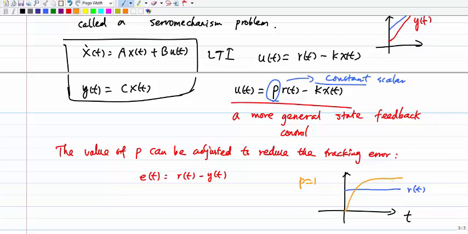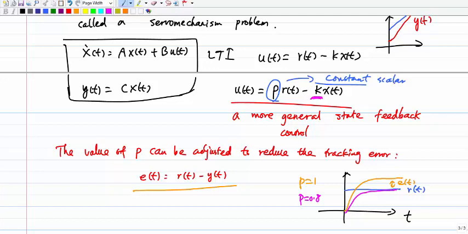You have some constant steady state error, and this is the error e(t) defined here. You could say, I may want to change a little bit. Say maybe p is 0.8. If I change p to 0.8, I'm doing something like this, which gives me 0 error, because you could scale up and down to make the tracking error be 0.